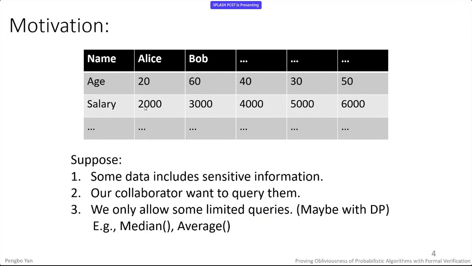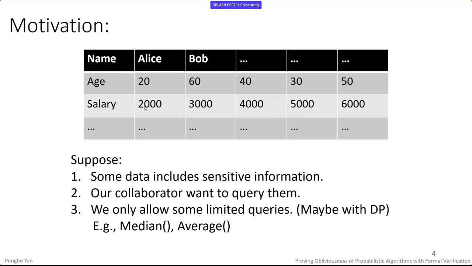Suppose there is a table including some sensitive information, for example, some people's ages and salaries. And suppose our collaborators want to query them for their research. As a result, we only allow some limited queries. For example, we only allow querying the median or the average of each row of data. We don't allow queries of personal information.